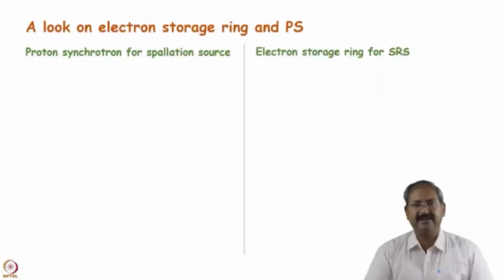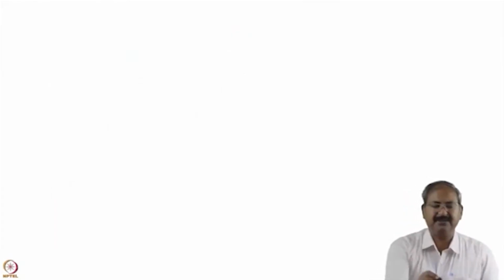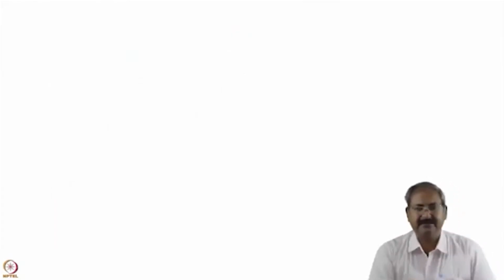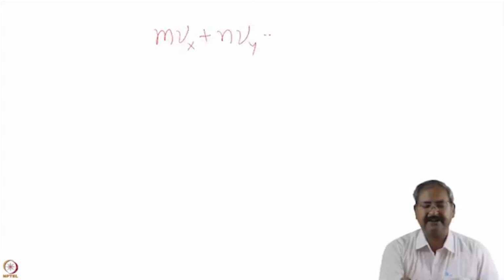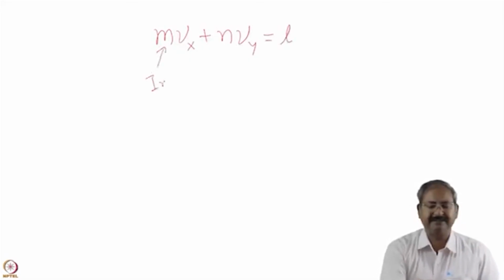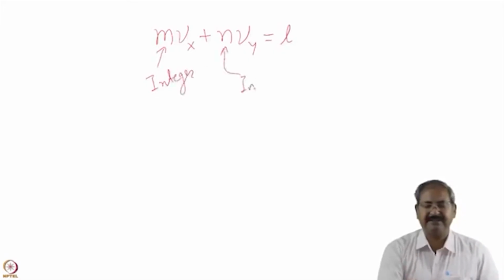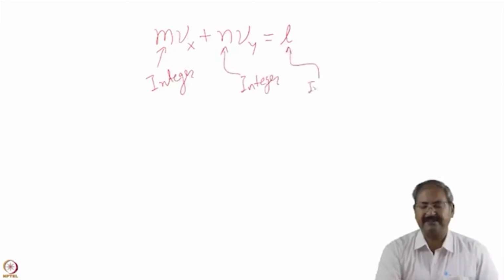And why are we worrying so much about the tune? Because tune can excite various resonances. We are not going into the details of how the tune excites the resonance, but you can remember one relation, that m nu x plus n nu y is equal to L. Here m is an integer, n is also an integer, and L is also an integer.